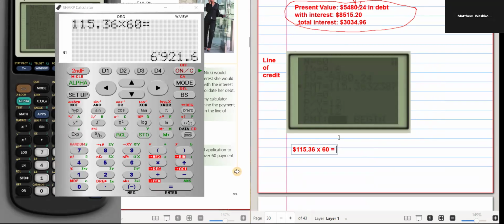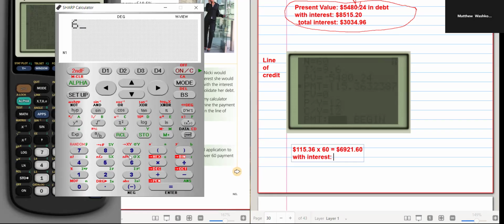So in total, she's paying $6,921.60. Now, with interest, right? Let's take away how much her principal was, right? Which is that $5,480.24. Oh, shoot, I times that there.